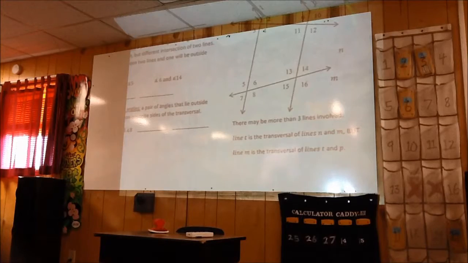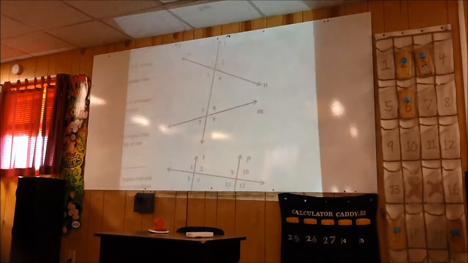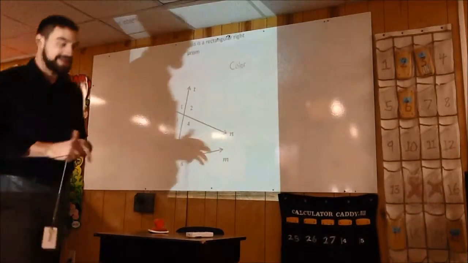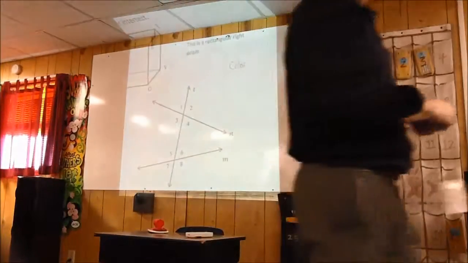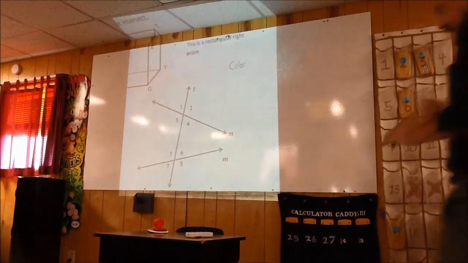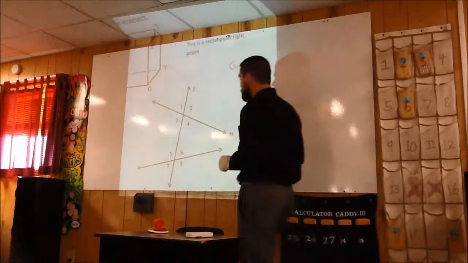I need you to write down in that first blank the other pair of alternate exterior angles. And Donnie's going to tell us the other example of alternate exterior angles. I gave you 1 and 8, and you need to tell me the other pair of alternate exterior.